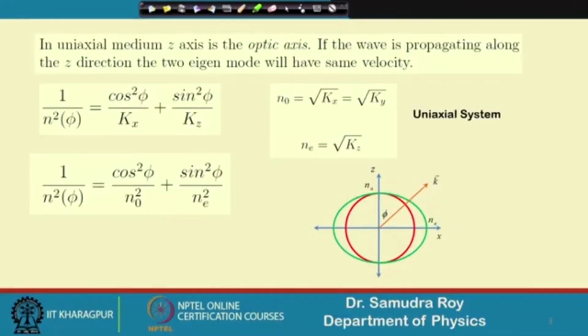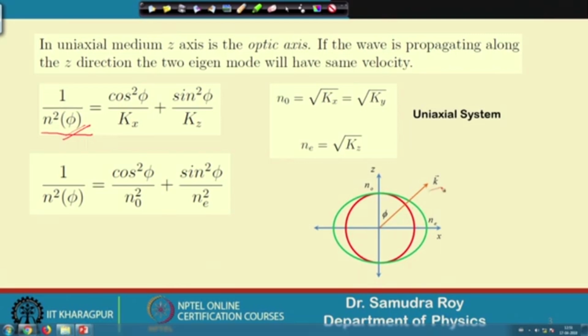So, go back to our slides. This is the old slide I am using. These slides we already used in our last class, showing how the refractive index n is a function of theta. Here we can see the angle phi. What is angle phi? The angle phi is a launching angle.